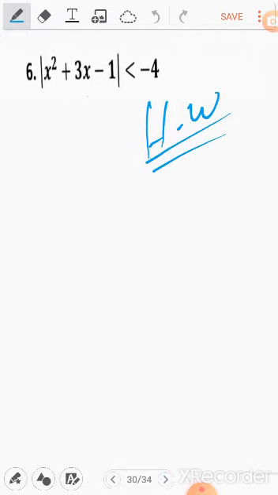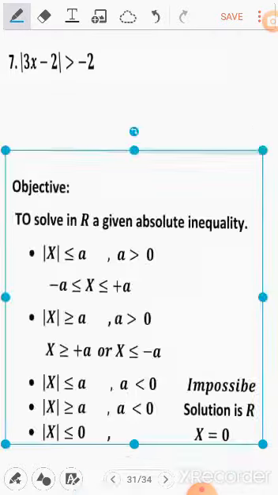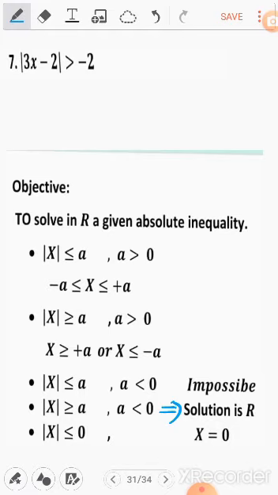The next one, homework similarly. The next, number 7, absolute 3x minus 2 is greater than minus 2. Now about this formula: absolute x greater than or equal to a, and a is negative. The solution is the set R. This is about this formula.